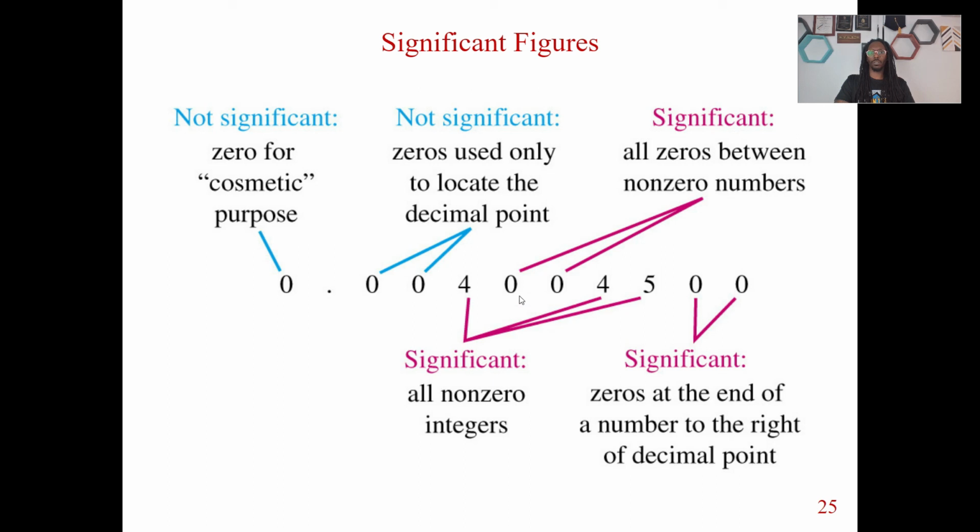Let's get these zeros. So once again, 0, what are we thinking here? Well, let's go to rule number 2. All zeros between non-zero numbers are significant. So because they're between 4 and our next number, 4 here, these are all going to be significant zeros, significant numbers. Okay. 5 will be significant. And then let's go to the very end, 0, 0. Okay. And these are going to be significant. Now hold on before you talk.